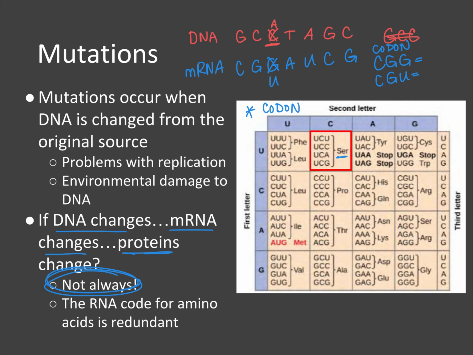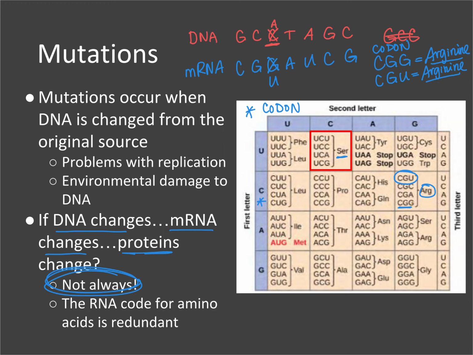CGG codes for arginine, whereas CGU, surprise, it also codes for arginine. So in this example, the mutation didn't matter because we're still going to end up with this amino acid in that spot in our polypeptide.